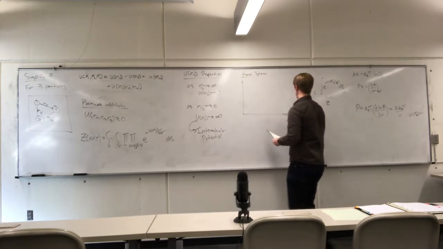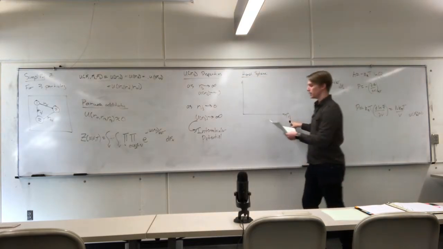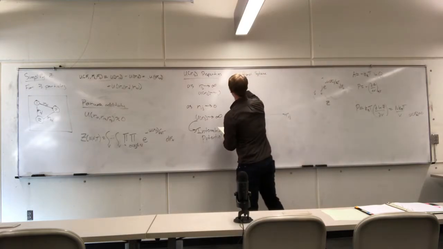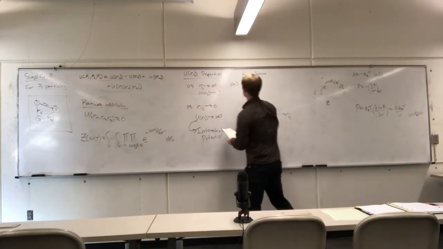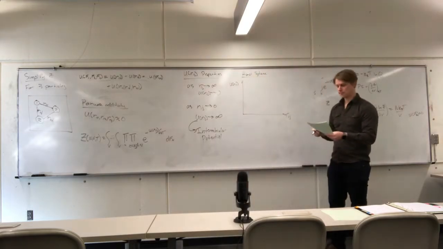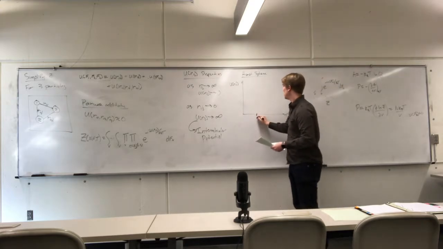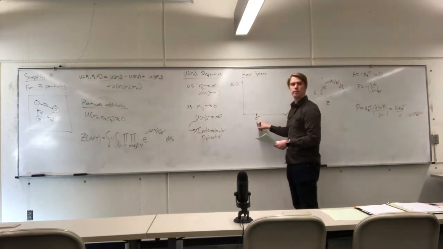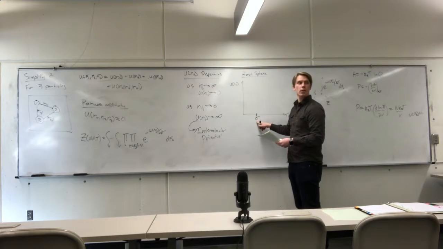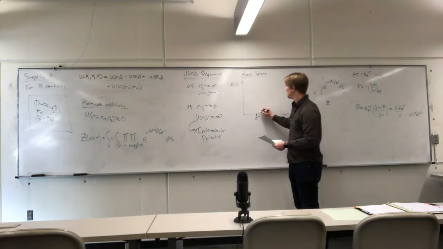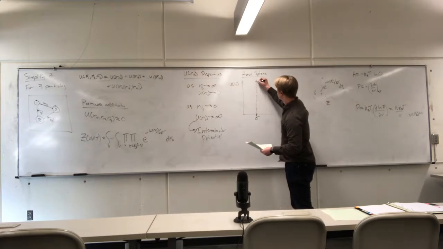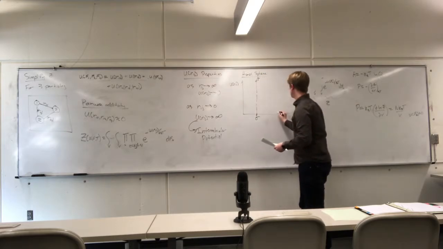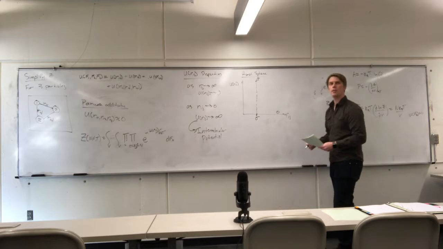We plot out separation distance on the x-axis and the potential energy on the y-axis. At some value sigma, now this is associated with the radius of the particle, we have a function that goes to infinity, and it is 0 everywhere else.